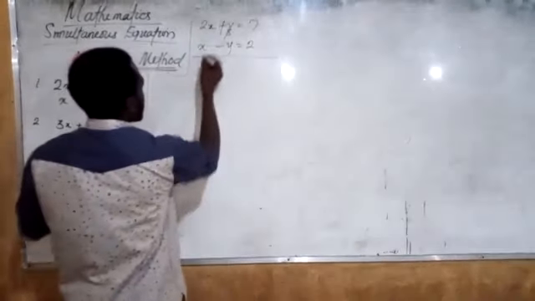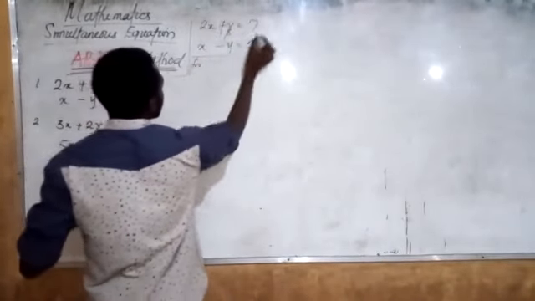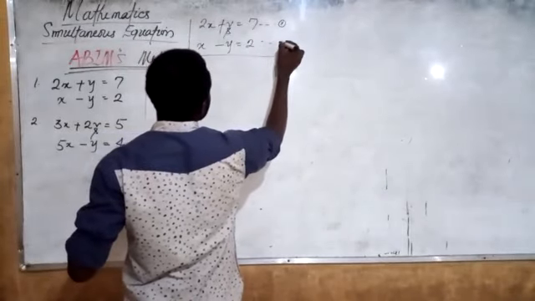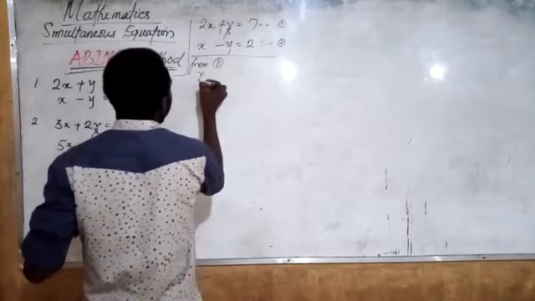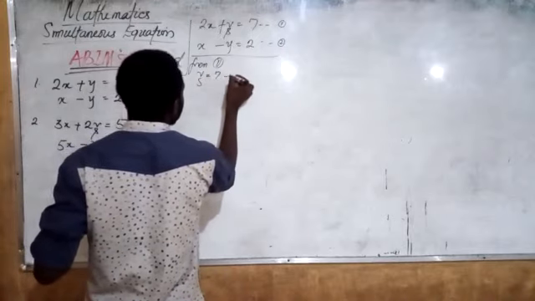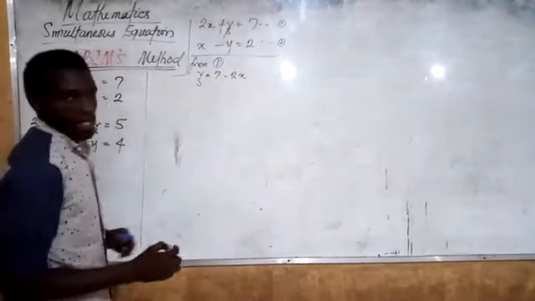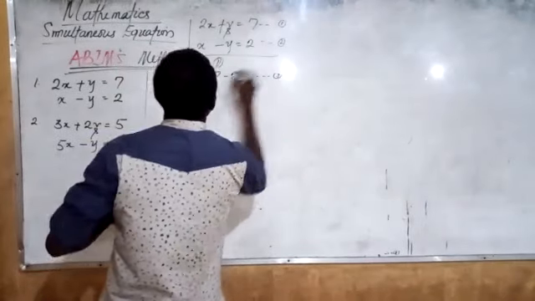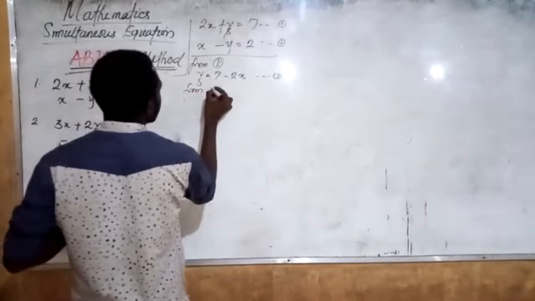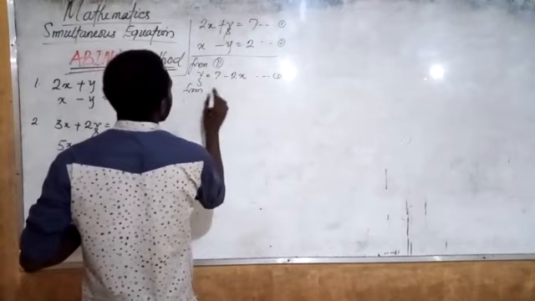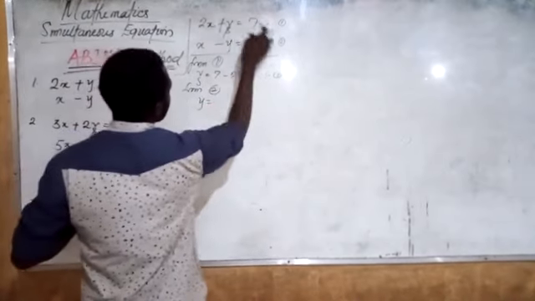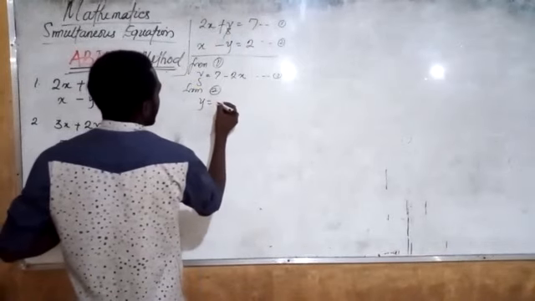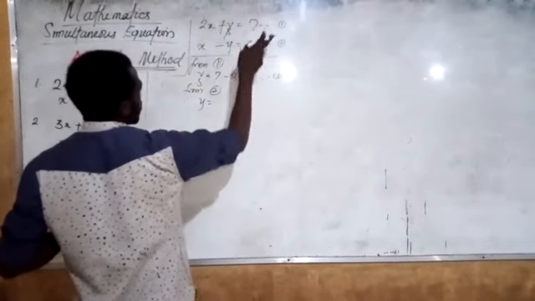When we make y subject, this is equation 1 and this is equation 2. So from equation 1, y will be equal to 7 minus 2x. This is equation 3. And from equation 2, what will y be? y will be equal to x minus 2, if you add y to both sides and subtract 2 from both sides.